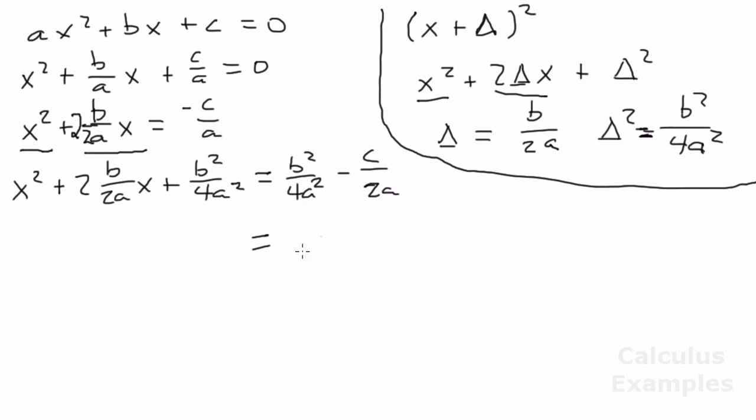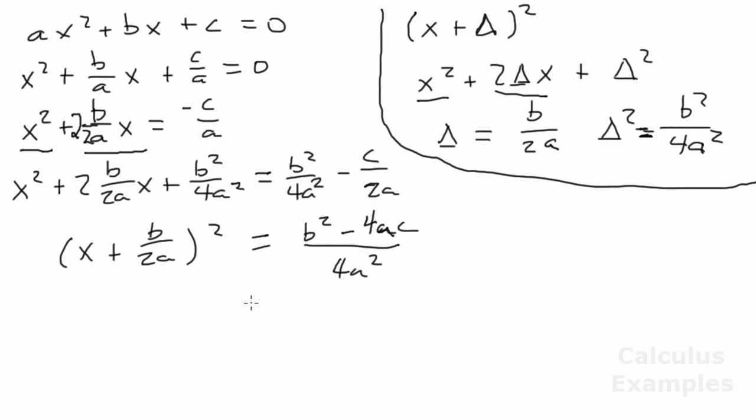To find the common denominator. So b squared minus 4ac over 4a squared. The left-hand side, I should say, we can collapse these three terms down into a single item squared. That's x plus our triangle, which is b over 2a, squared.